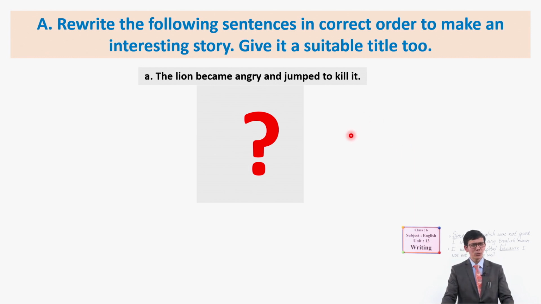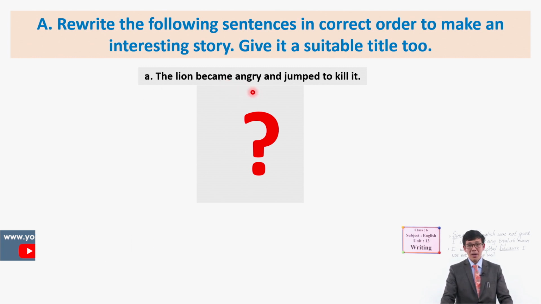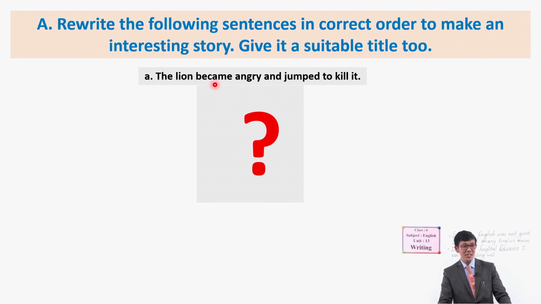So let us have a look at the sentences given in your textbook, everybody. The first sentence: the lion became angry and jumped to kill it. What does this sentence tell us? And you can also notice the tenses used there.